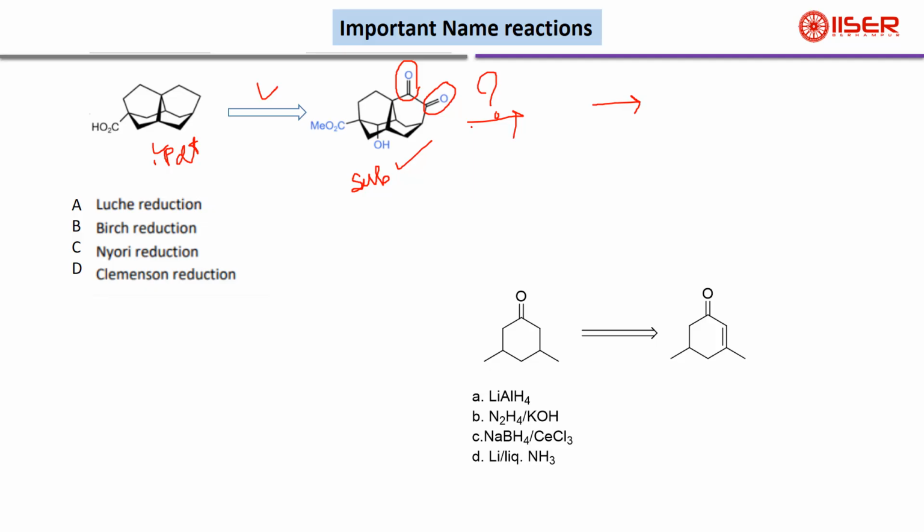Luche reduction we have already studied. It reduces ketone or aldehyde to alcohol. Birch reduction is for reducing the double bonds, not for the carbonyl. So it will be a Clemmensen reduction. So option D. Option D. We know that in case of Clemmensen reduction, this carbonyl group is reduced to CH2. So that's why it will be a Clemmensen reduction.